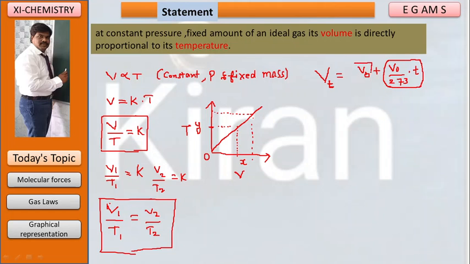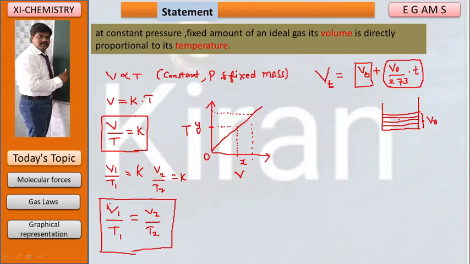This is the original volume of a gas. For example, I am taking a container. This is one vessel. This is the original volume of the gas, V naught. This original volume V naught, make it into 273 parts. 1, 2, 3, like that 273 parts are there.